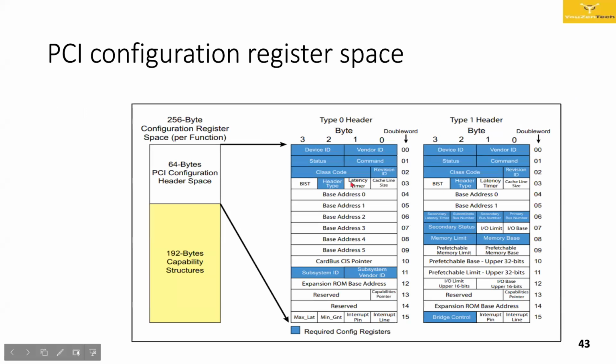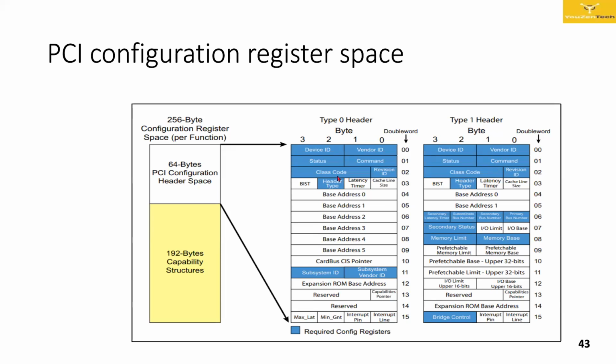By default, if the function is a bridge, this value will be 1. The first 6 bits, I mean, if you read it, the value will be 1. Forget about the last 7th bit, because that bit controls whether your device is multifunction or single function.